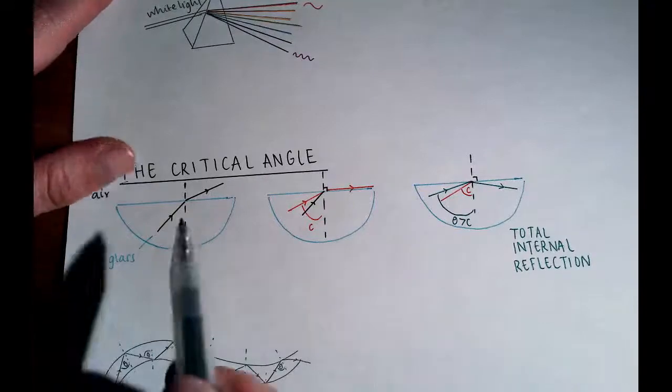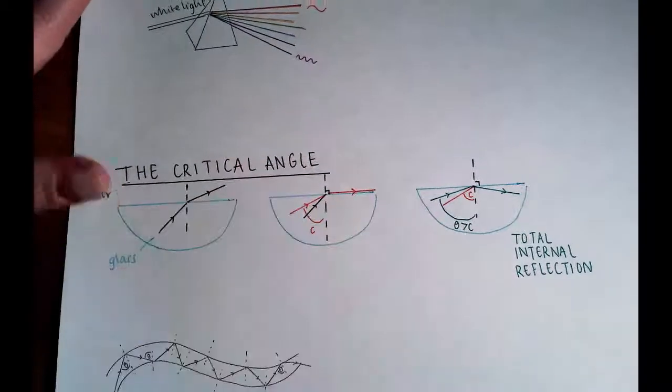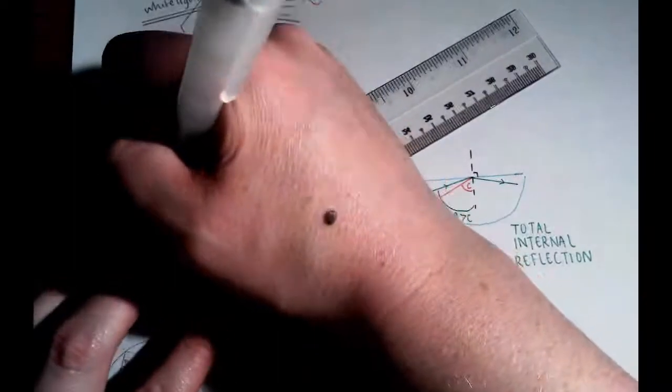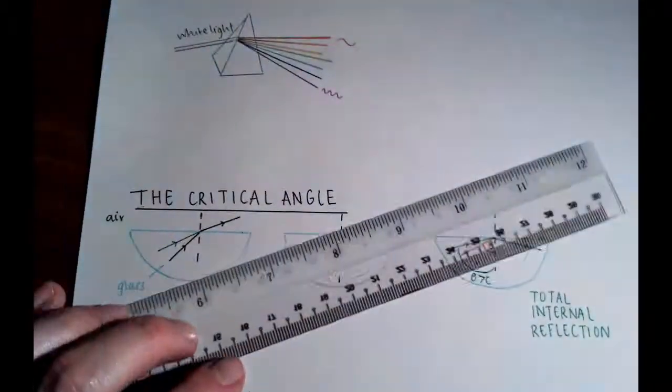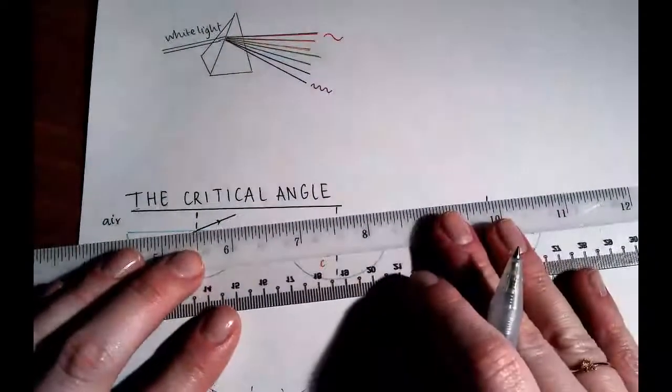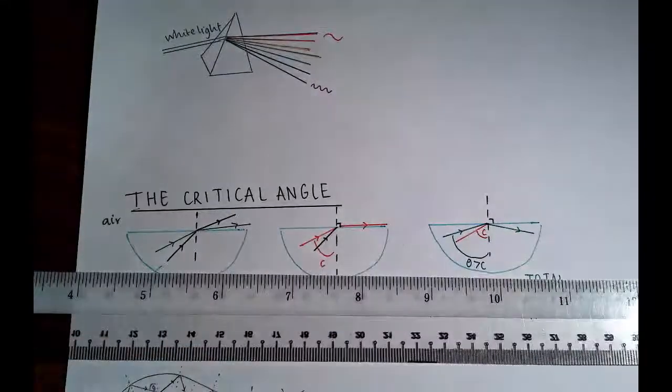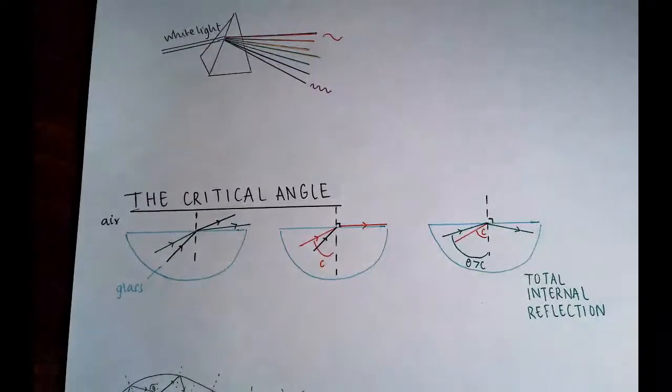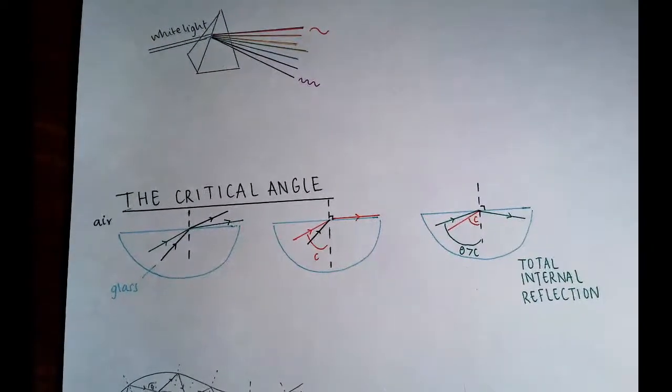Now you know that if you were to increase that angle, so if I would send a ray in like this, the angle of refraction is bigger, because we know sine theta 1 and sine theta 2 are linked, it's a ratio.